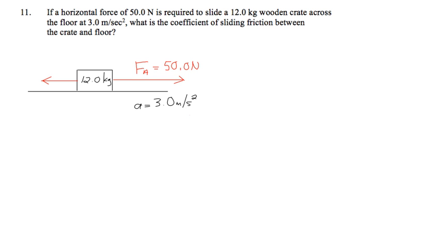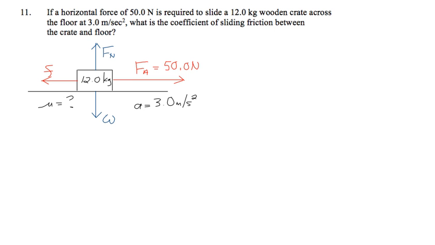So we have friction, and then we have the weight and the normal force. The weight is in that direction, and the normal force is in that direction. They're going to be balanced once again. So you've got W, and you have Fn. And the unknown in the problem, which I don't have on the board yet, is mu. So that's going to be the unknown.